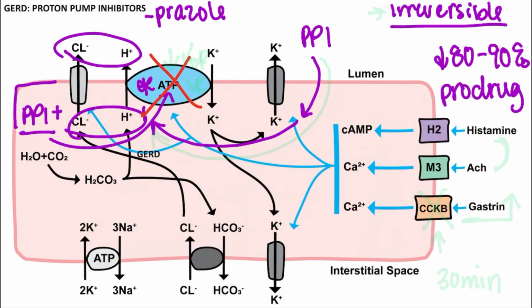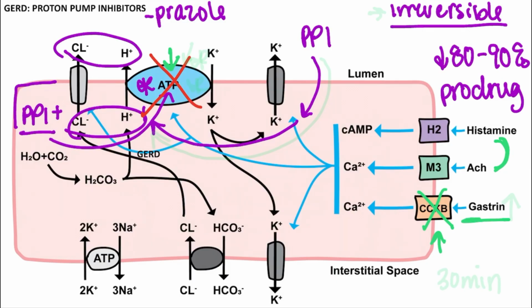So PPIs are a powerful tool for inhibiting acid secretion because it is the last step in this acid secretion cascade. So for instance, if you were to block acid secretion over here, you could end up with receptor upregulation over here to try and compensate, or you could get upregulation of one of these two signaling pathways to overcome that inhibition at one of the other receptors.